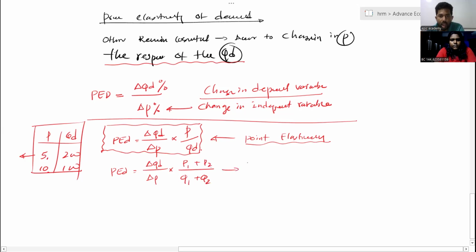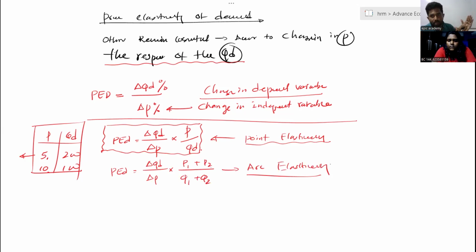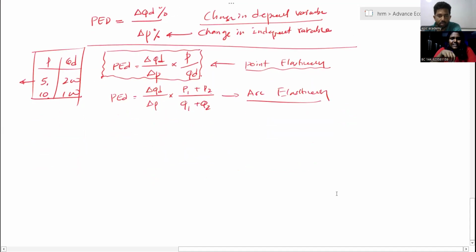This we call arc elasticity. Arc elasticity can be used to identify the response of the demand between two prices. You will calculate it, then you can identify the difference between point elasticity and arc elasticity. As an example, just calculate here. I'm going to calculate this 2. Excuse me, sir. First one.